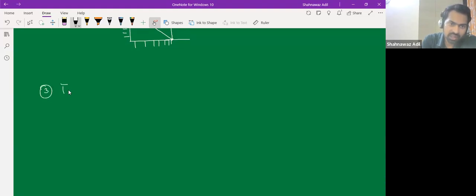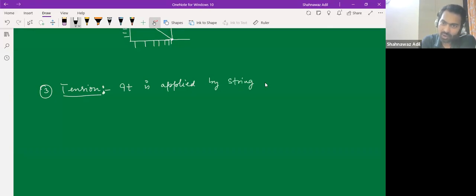And the third one is the tension that you guys are having, right? In understanding the physics, you guys are experiencing some tension, right? So that is not about that force. The tension is applied by the string, opposite to the direction of the mass which is attached.